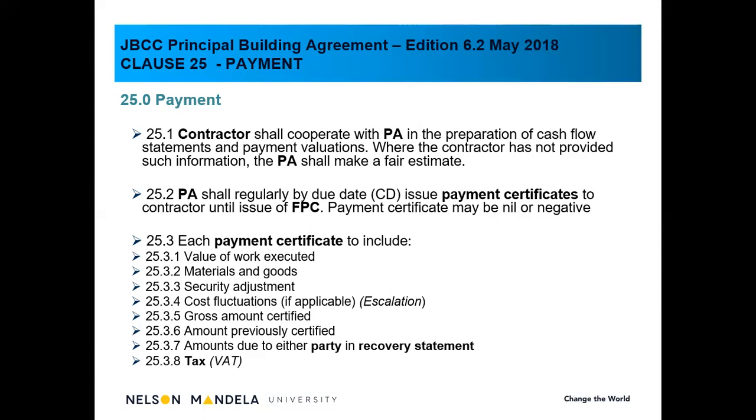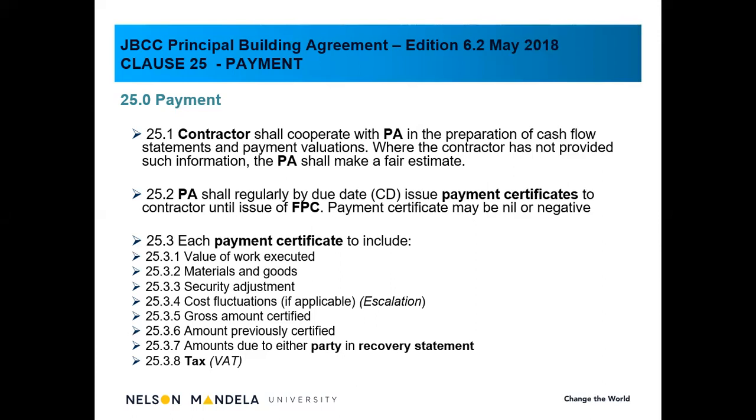So there is going to be some form of liaison and communication between the contractor and the quantity surveyor when we are at that stage of preparing a payment certificate. Obviously, in the contract data, prior to the signing of the contract, the date is stipulated by when the quantity surveyor should prepare and issue a payment certificate.